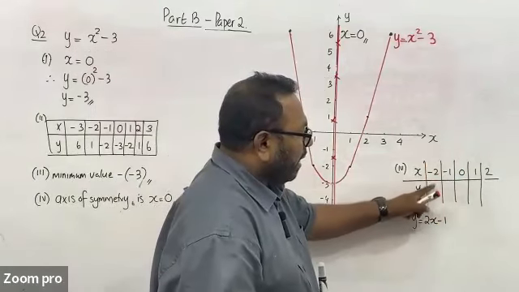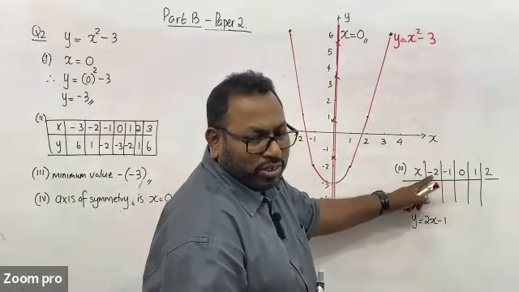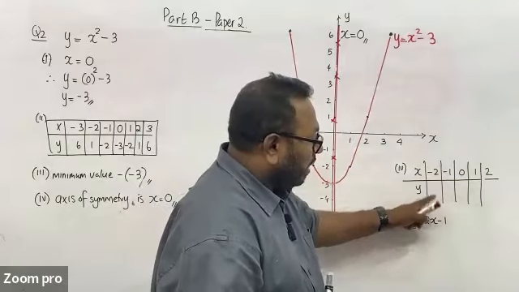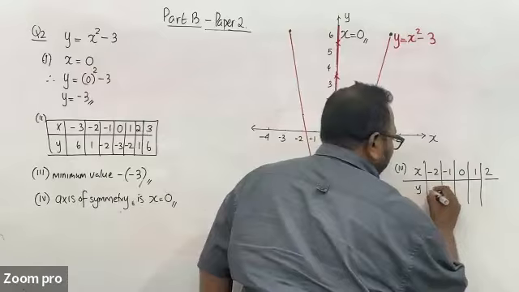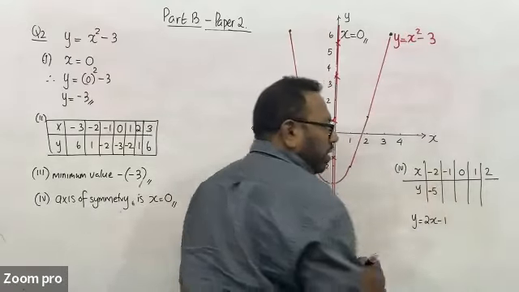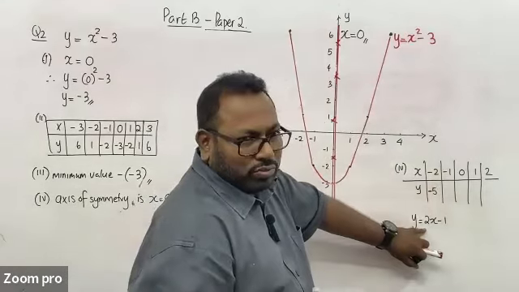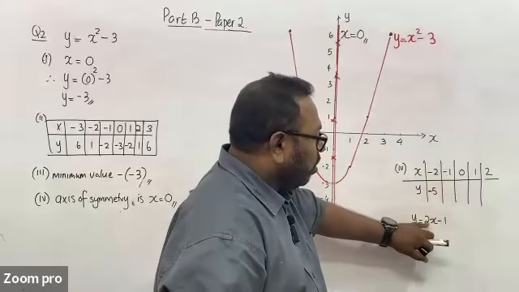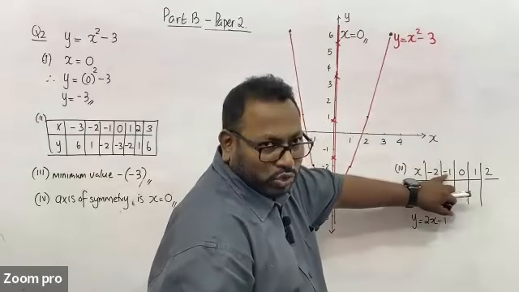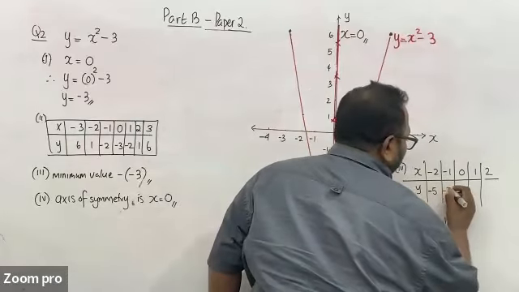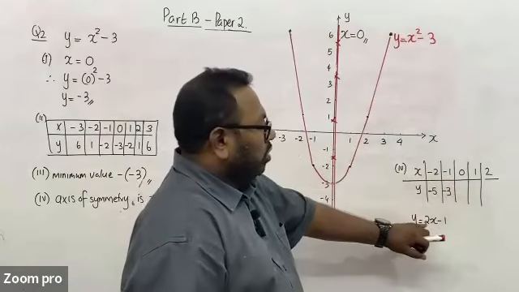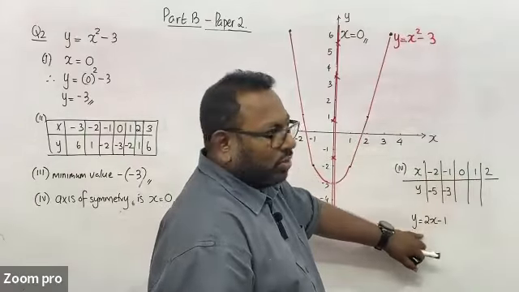So just substitute into this. 2 multiplied by minus 2 is minus 4. Minus 4 minus 1 is minus 5. Then substitute when x is equal to minus 1. 2 into minus 1 is minus 2. Minus 2 minus 1 is minus 3. 2 into 0 is 0.